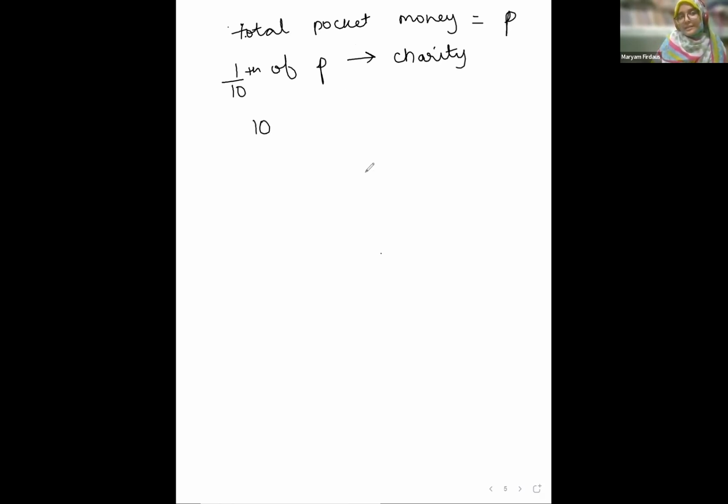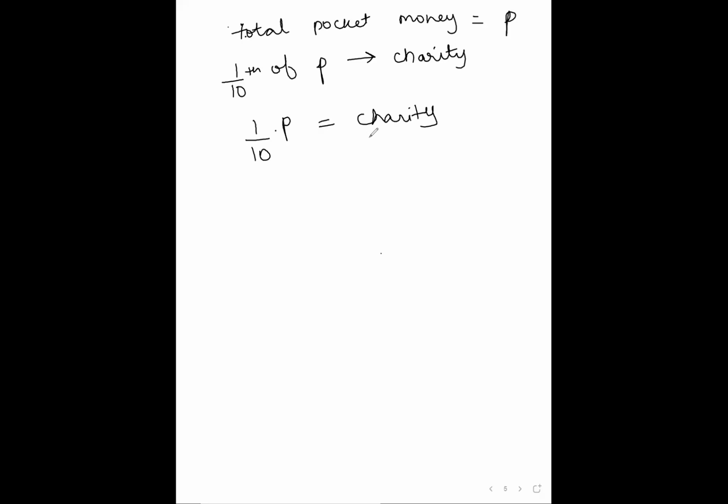You will write this as 1/10 p is equal to the charity money, whatever it is. I'm not going to count it here. Is this making it a little bit clearer? Yeah. Okay. So similarly, let's do some more real life questions.